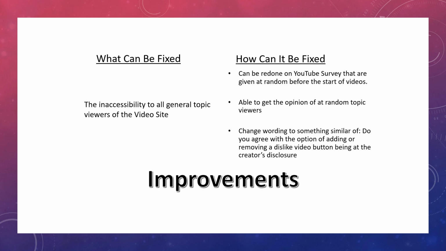YouTube offers many surveys before their videos instead of ads, and those are given at random before the start of the videos. Secondly, you're able to get the opinion of a random topic viewer. The amount of different channels and what they provide is so different that you won't be able to pull them unless you can reach all of them at the same time, which would be the YouTube survey.